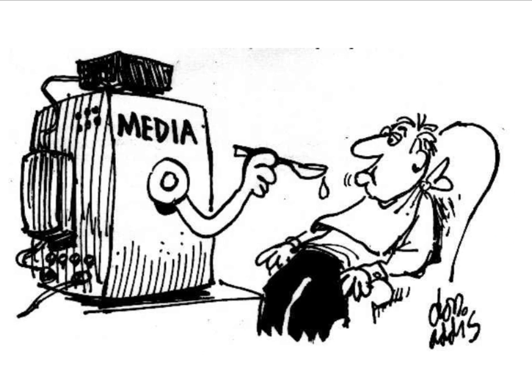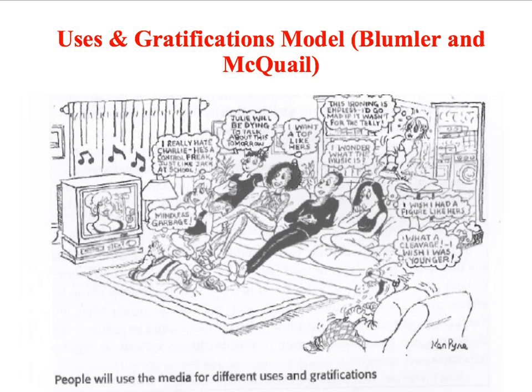So both perspectives really want to challenge the idea that audiences are passively spoon-fed information from the mass media. In the uses and gratifications model proposed by Blumler and McQuail, media audiences are active and use the media in various ways for their own pleasures and interests, or to use the jargon, for their own gratifications.